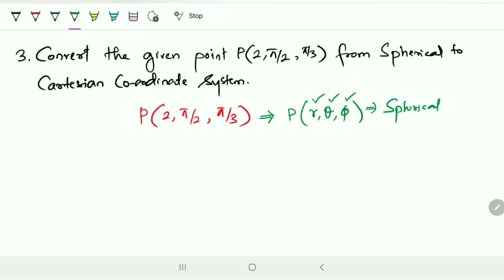So if they have not mentioned in words whether the given point is spherical or cylindrical, you should be able to find it by looking at the point, whether it is spherical, cylindrical or Cartesian.